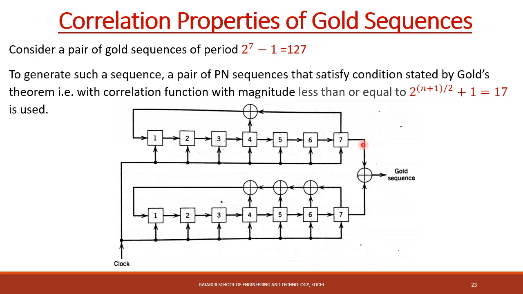Now here you are having two separate sequences, sequence 1 and sequence 2, each having a period of 127. Now we have already stated Gold's theorem. In that we said the correlation function will have a magnitude less than or equal to 2 raised to (n plus 1)/2 plus 1 if n is odd. So the value of cross correlation will be less than or equal to 17.